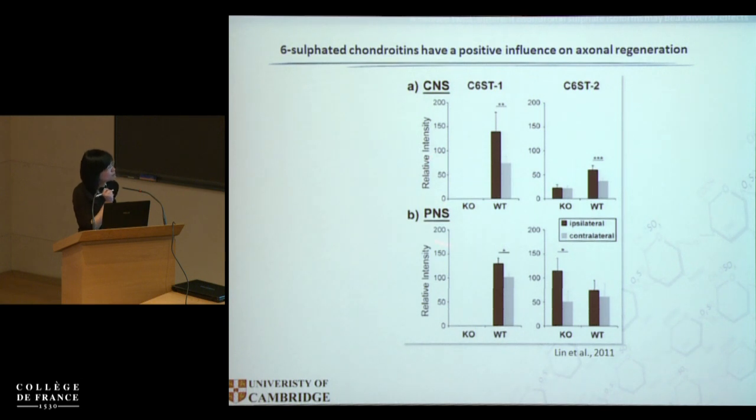In the peripheral nervous system, in the knockout animal, you do have a compensatory upregulation of C6ST2 after injury, while in the central nervous system you do not have this compensatory upregulation. That's the reason why we think chondroitin 6-sulfate is responsible for the differences that we saw in the peripheral nervous system and the central nervous system.